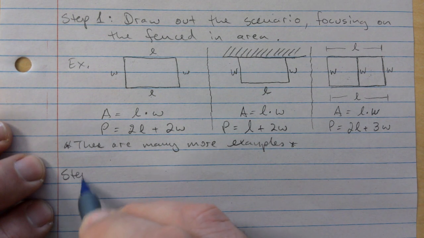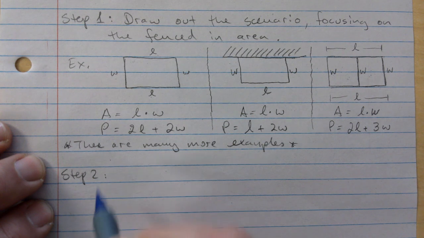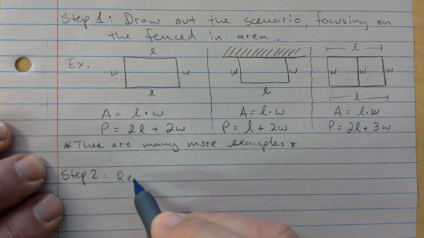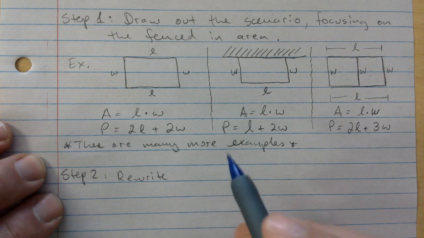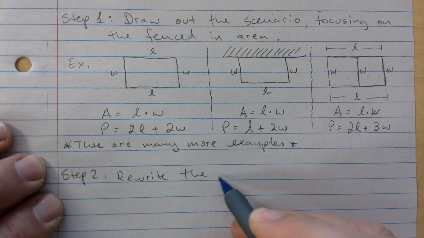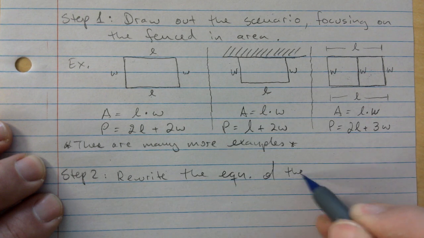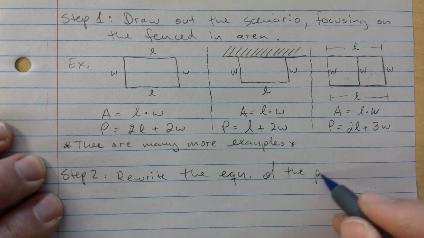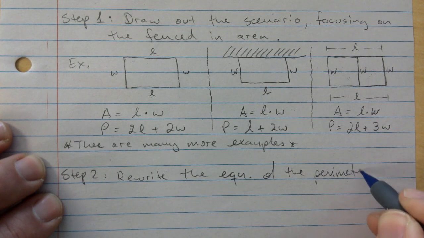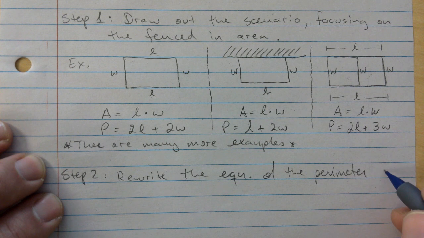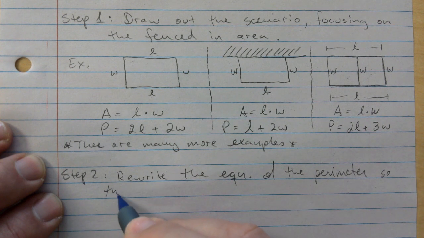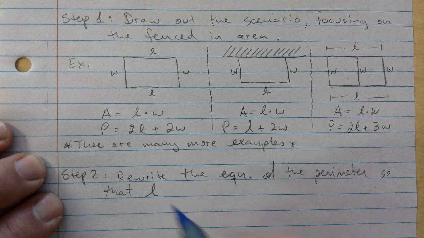Step 2, rewrite the equation of the perimeter so that L is isolated.